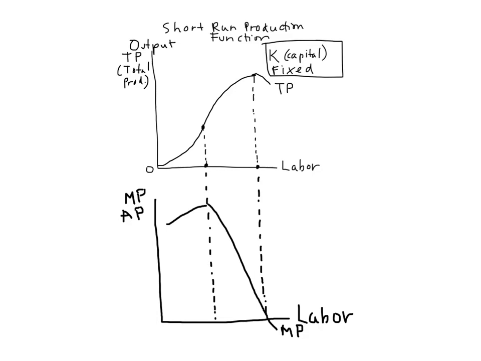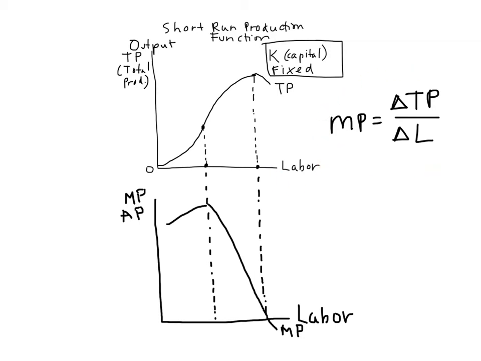And it's probably time to just notice here that marginal product is the change in total product divided by the change in the variable input, in this case labor, which is exactly equal to delta TP, that's the y-axis, over delta L, the x-axis. So that is rise over run.